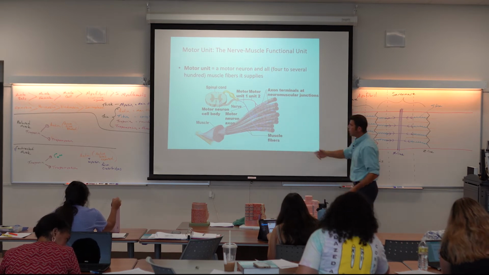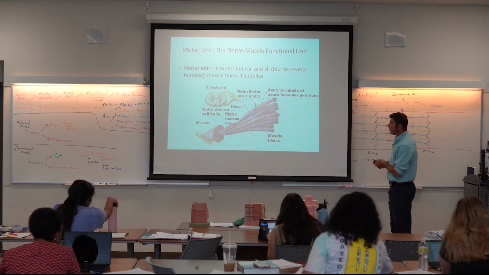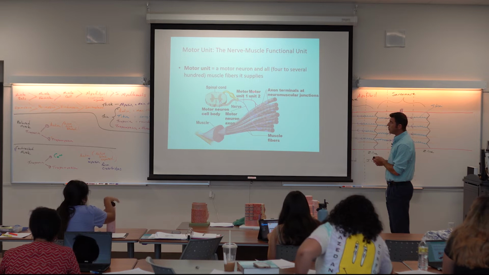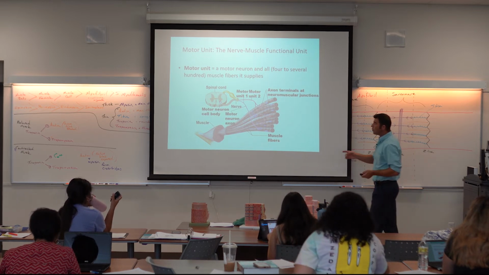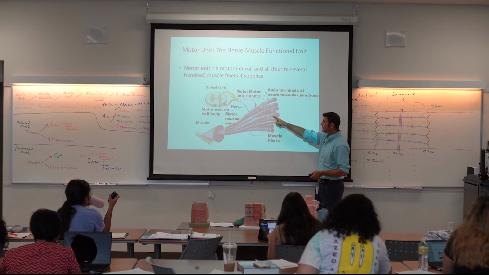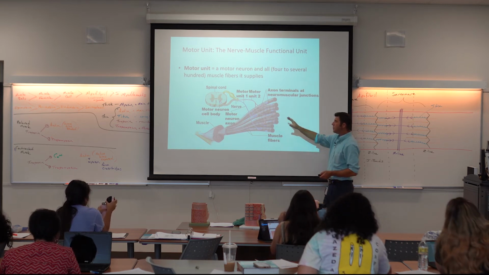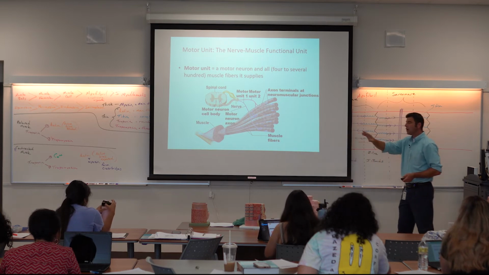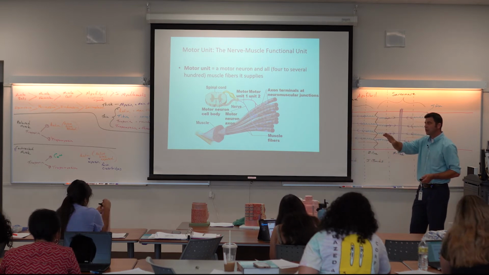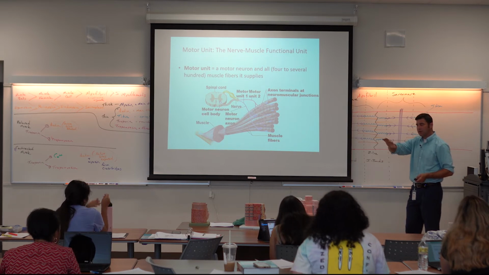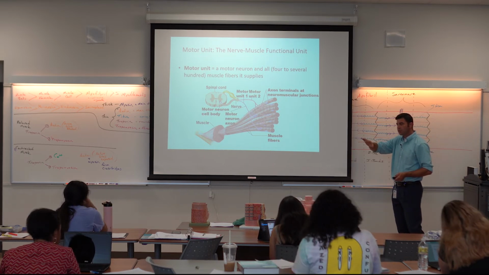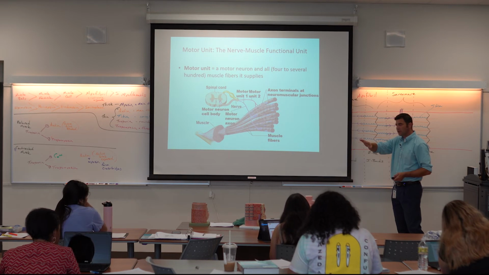So that's motor unit 1. We can see, just as an example here, we have another motor unit, what they're calling motor unit number 2. They're drawing it in a red color. Notice how motor unit number 2 is going to completely different muscle fibers. These different motor units are one of the things that are allowing you to make such fine movements with your hands and fingers. So they're controlling different muscle groups, different muscle fibers.